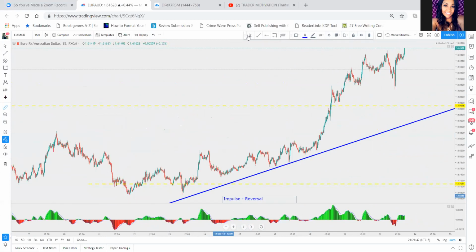So you jumped in right here for the buy. What happened after that? You got your correction. So you would have been in an instant drawdown of 60 pips before it continued its climb to the upside.